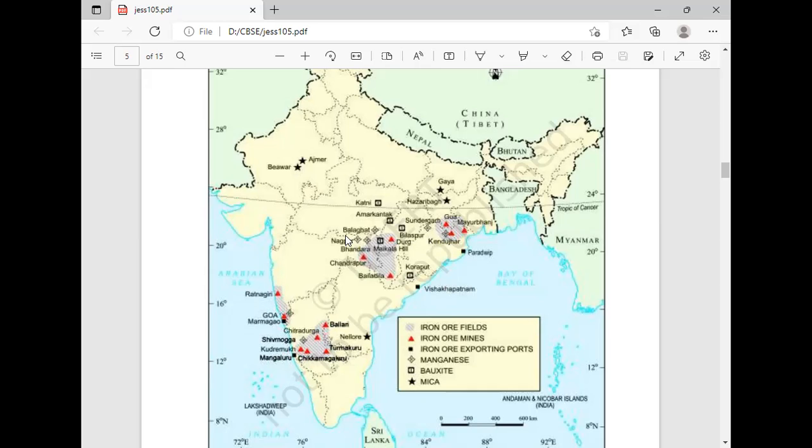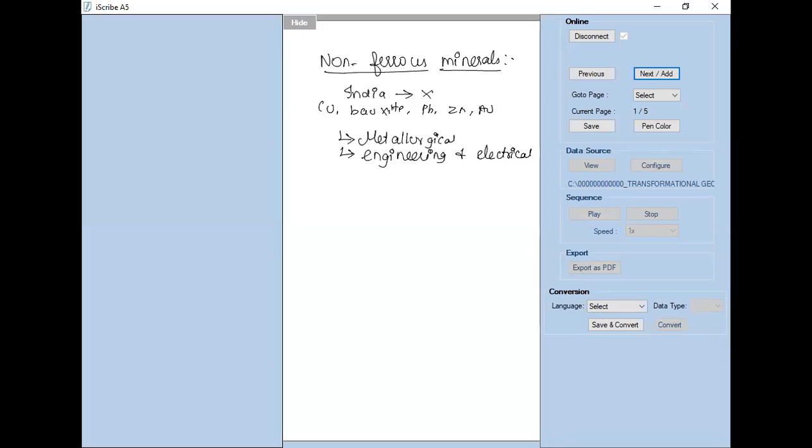In central India and in Karnataka also we have more manganese. In Odisha, Madhya Pradesh, and Karnataka, we have more of these minerals. Now we are going to see the non-ferrous minerals. Clear? Understand?